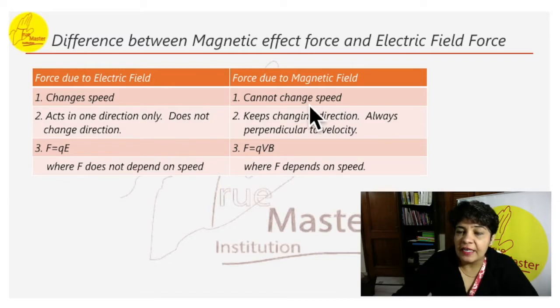So what can magnetic field change? Magnetic field changes the direction and electric field cannot change the direction. The formula for force here is F equals QVB, and here the formula is F equals QE. So magnetic force depends on speed, electric force does not depend on speed.